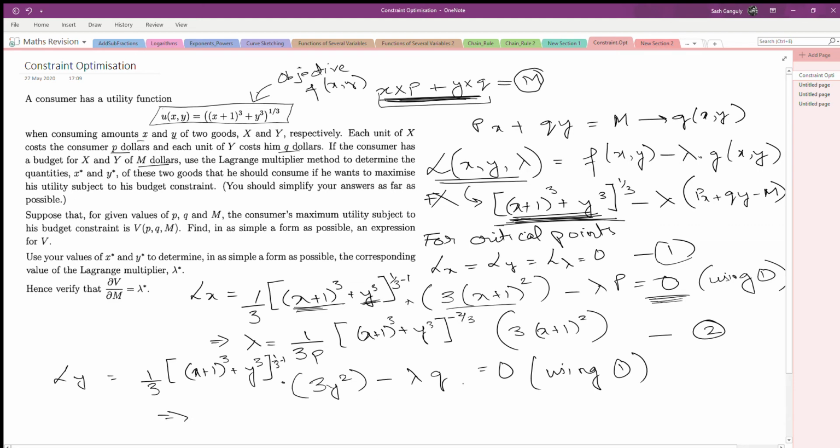If I take minus lambda q on the right hand side and divide both the sides by q, then that should give me lambda is equal to 1 by 3q times x plus 1 cube plus y cube times 3y square. Alright, so that is my lambda, right?